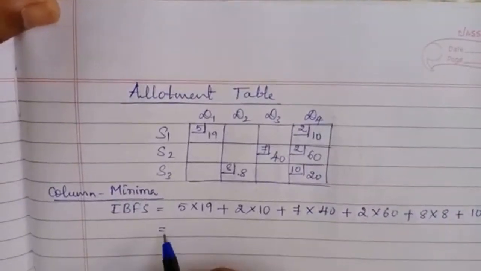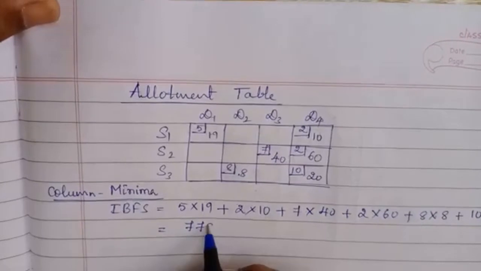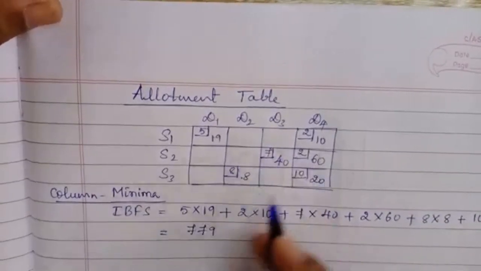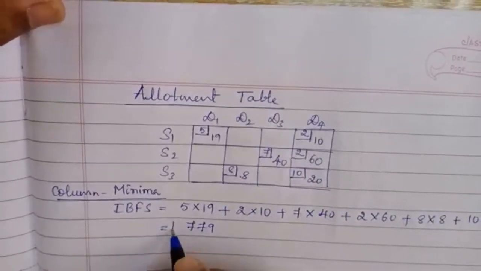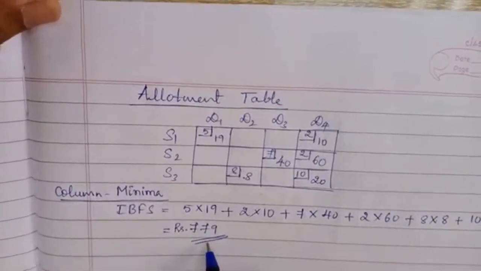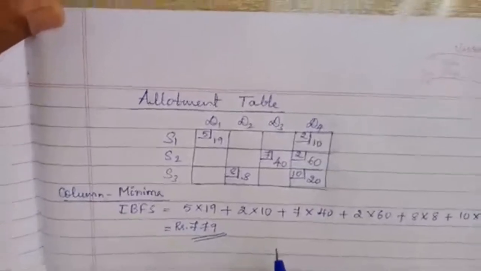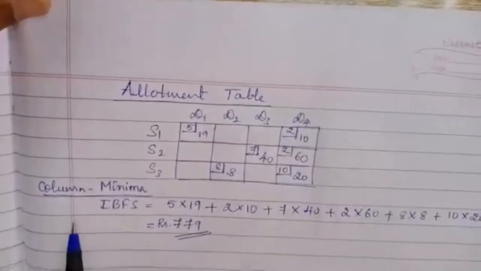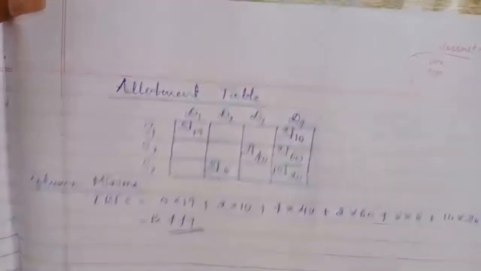So this comes up to 779. We have assumed the cost is given in rupees. So write it as 779 rupees. This is the initial basic feasible solution you have got for the given transportation problem using the column minima method.